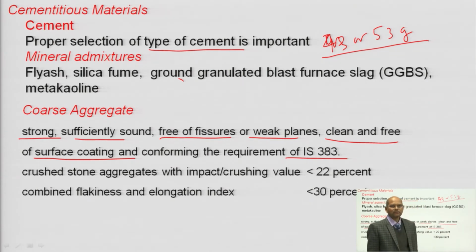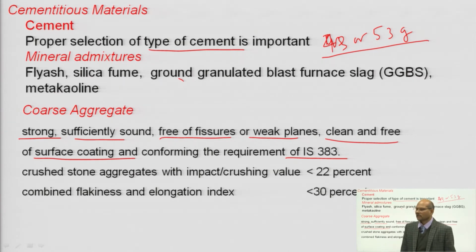The requirements of IS 383 must be satisfied, and you must see that it is very clean, meaning you should not have weathered rock in it, and the surface should be clean. There should not be a silt or clay coating on it. So, that must be clean.